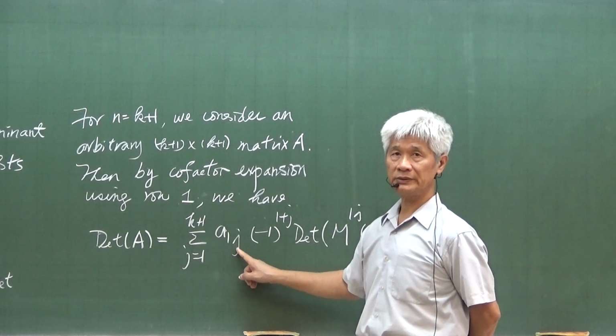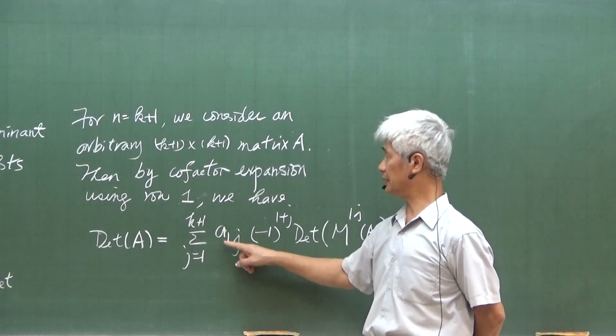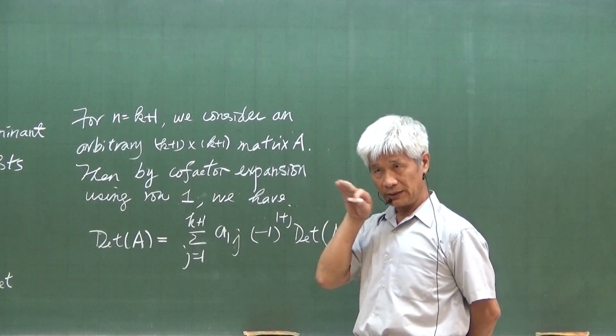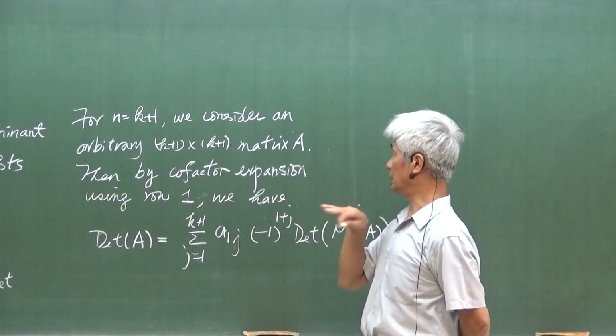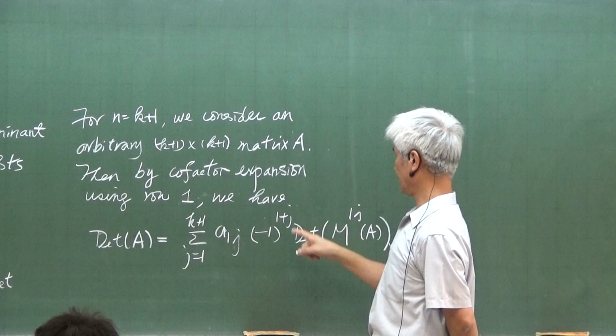A11, A12, A13, up to A1,k+1 are entries in the first row of the matrix.